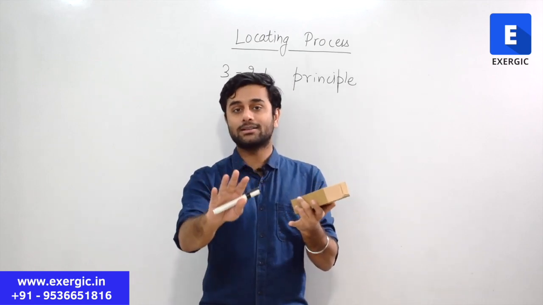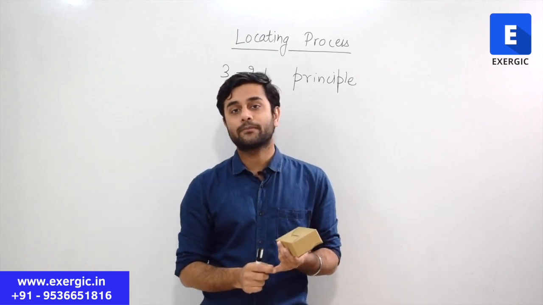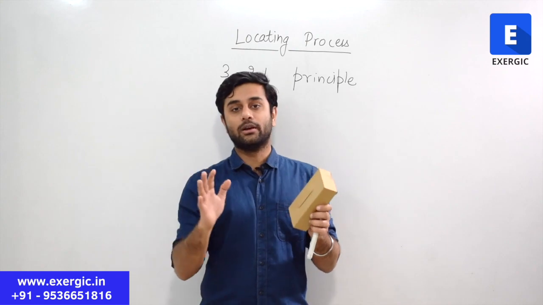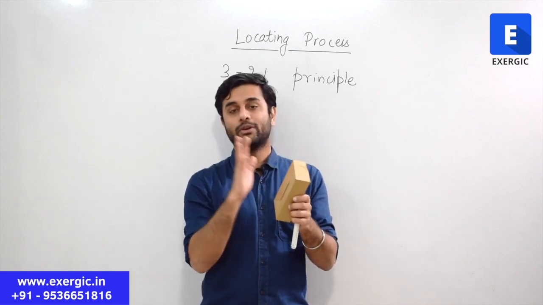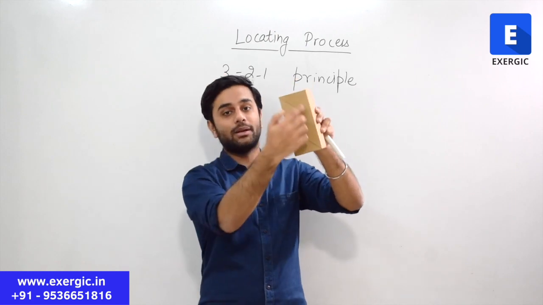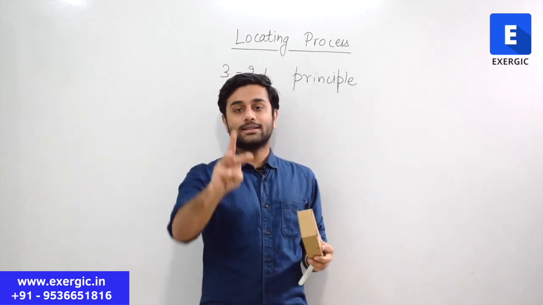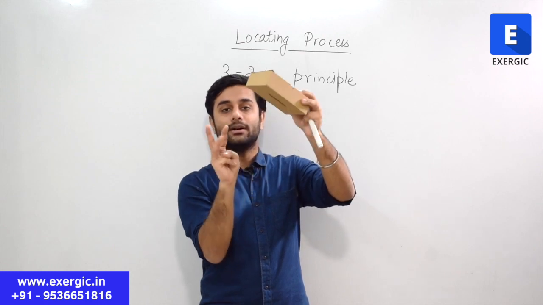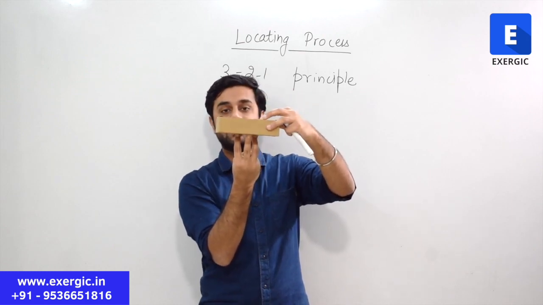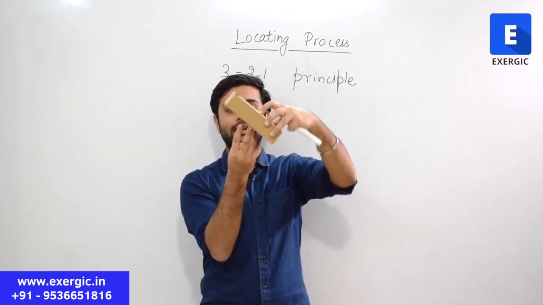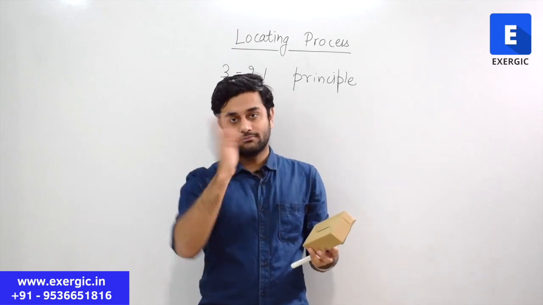These things may be asked to you as a theoretical question. Rule number 2. They should be as far apart as possible on the given plane. For example, and why should we do it? Suppose this is the primary plane, we want to support it. These are the 3 points where we are supporting it. If I support it on these 3 points and keep them close, there are chances that it can turn around.